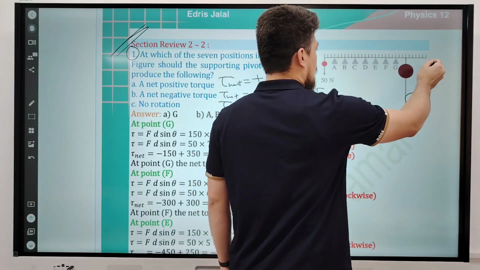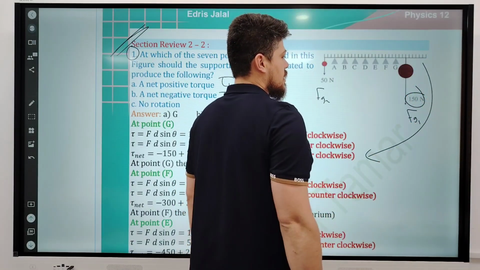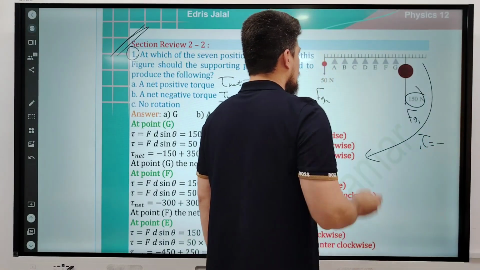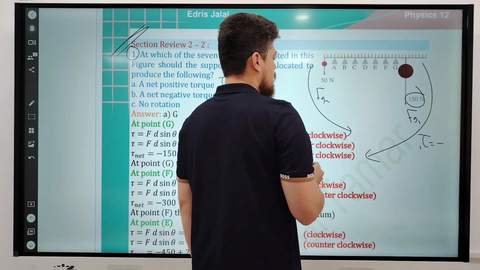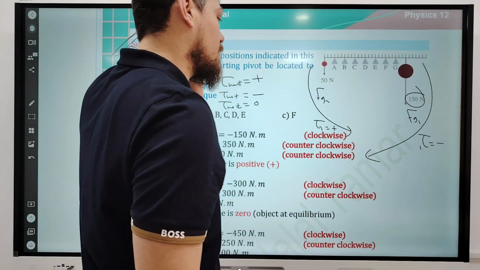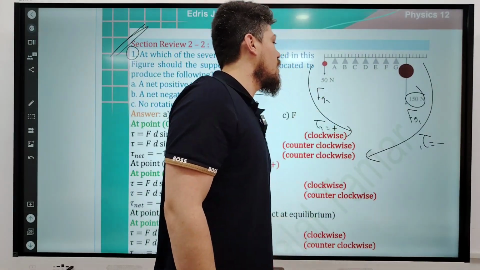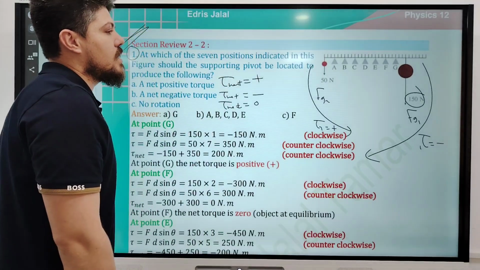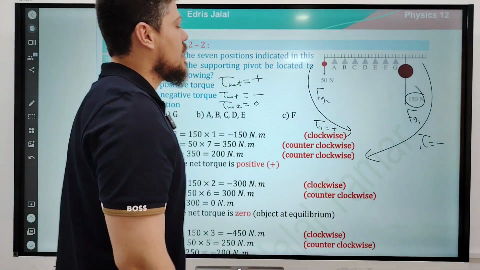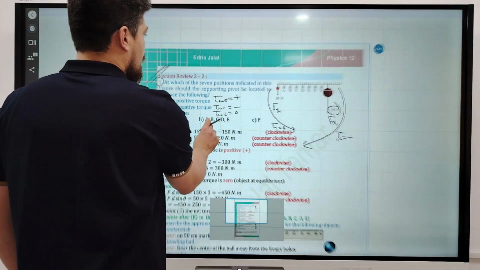Fg1's direction is clockwise, so torque number 1 becomes negative. And Fg2's direction is counterclockwise, so torque number 2 becomes positive. So we have 2 torques in opposite directions. To find the net torque between these 2 gravitational forces, we have to subtract each torque.